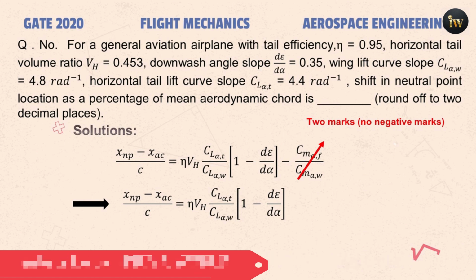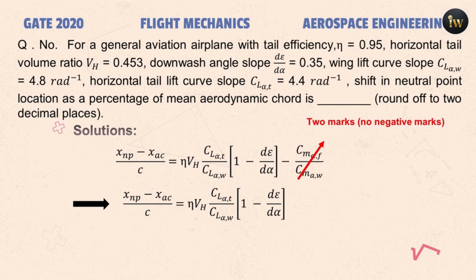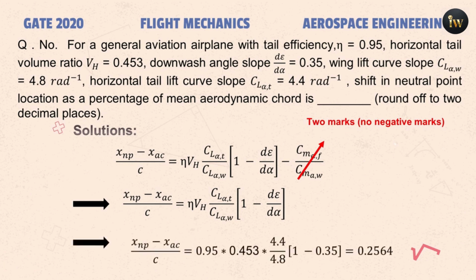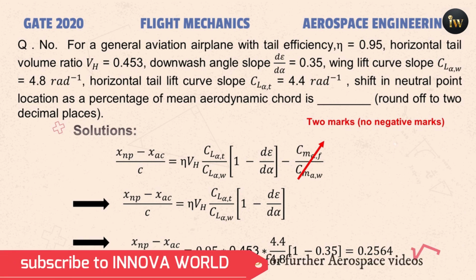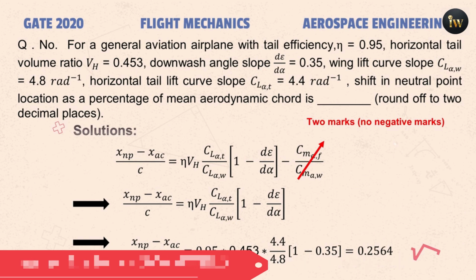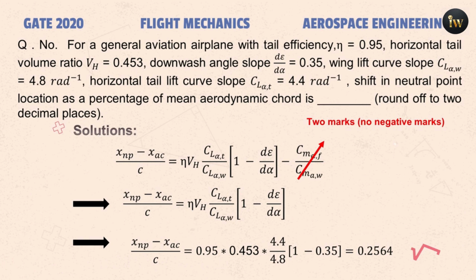Now substituting the values: eta is 0.95, VH is 0.453, CL alpha T is 4.4, CL alpha W is 4.8, and 1 minus d epsilon by d alpha is 0.35. After solving this equation, we get 0.2564.